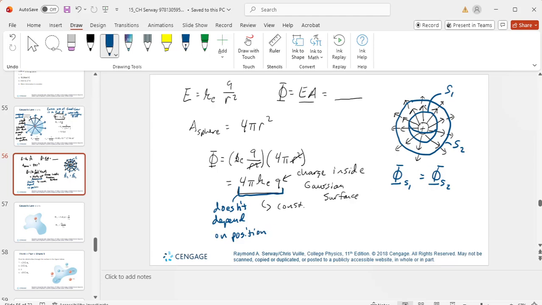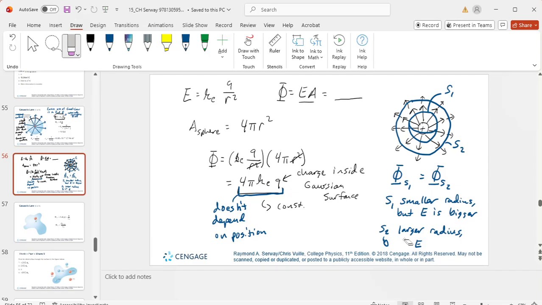Now in this case, what's going on is S1 is smaller but the field that it's capturing is bigger, whereas S2 is a bigger sphere, with a larger radius. Gracious, I can't type today or write.